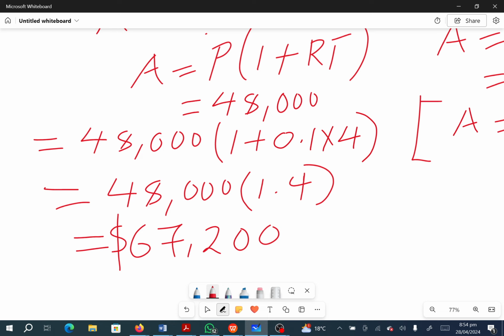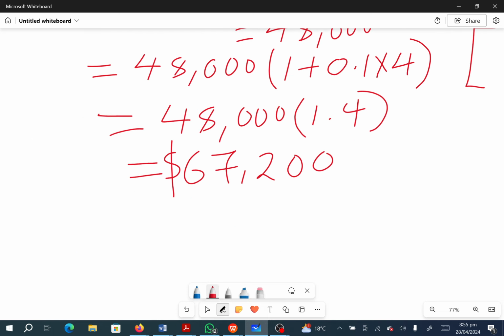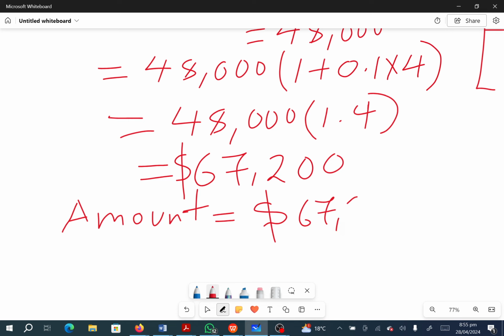So therefore, the amount to be paid at the end of this loan is equal to 67,200.